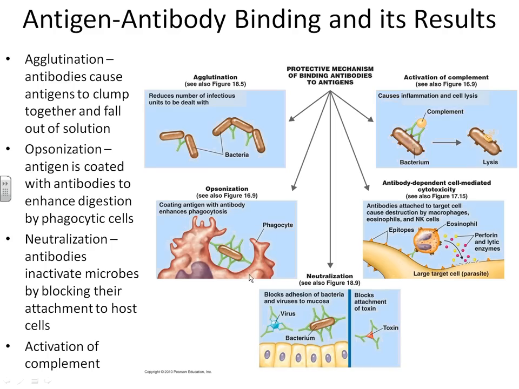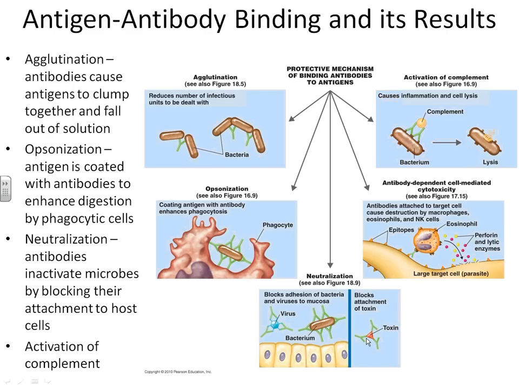Opsonization is the fancy way of saying helping phagocytosis. Shown in this image, here's the phagocyte in red trying to eat the bacteria. If the bacteria is covered or opsonized by antibodies, it's easier for this phagocytic cell to ingest the bacteria.